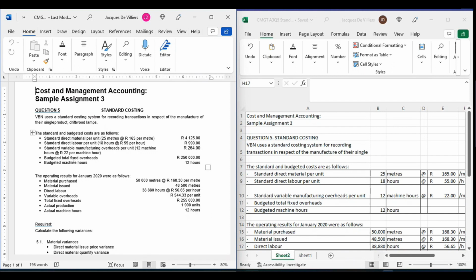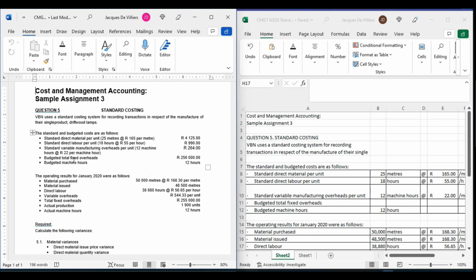Now we get to what really happened in January. They purchased material to the tune of 50,000 meters at 168 Rand per meter. Of that, they issued 48,500 meters to the factory. We look at the direct labor. There were 38,880 hours spent on making the lamps at 56 Rand 65 per hour.